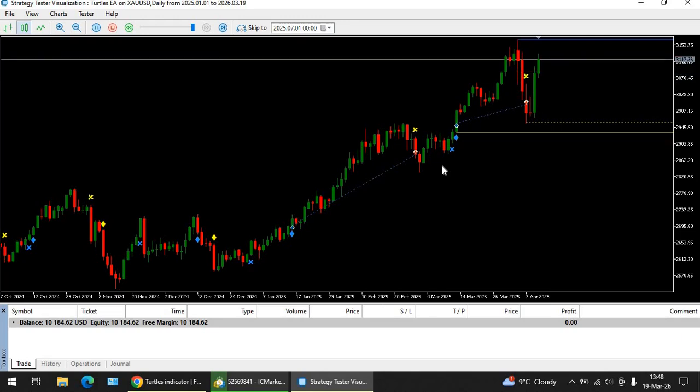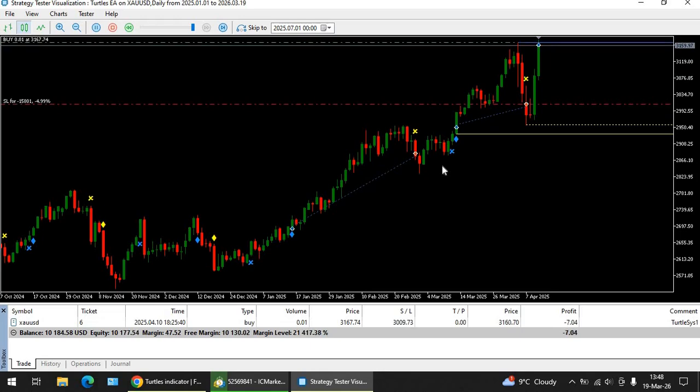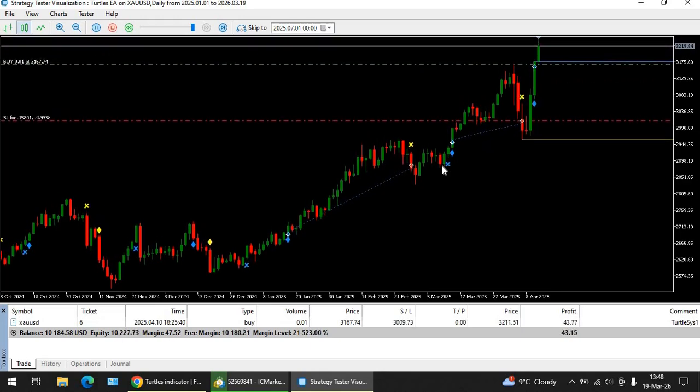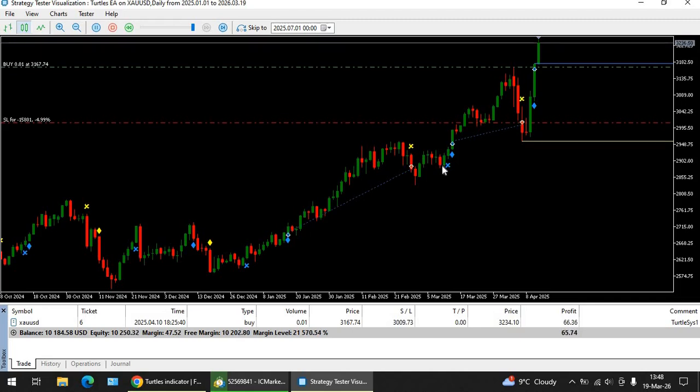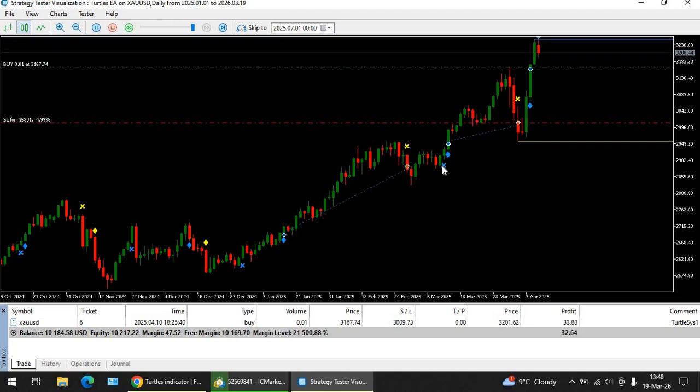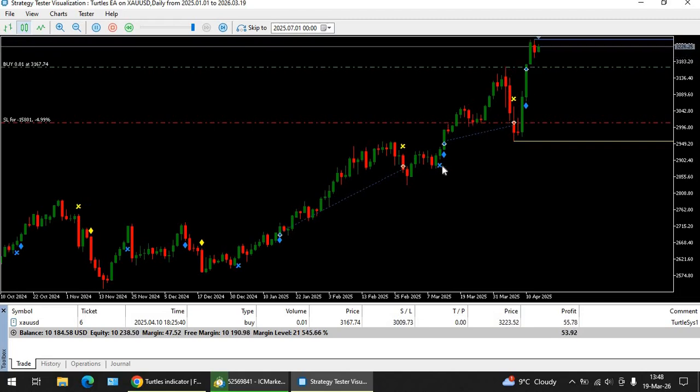And as improvements, I suggest using longer periods of time for breakouts and slightly larger stop losses. Instead of 3 ATR, you can use 4 ATR or even 5 ATR.